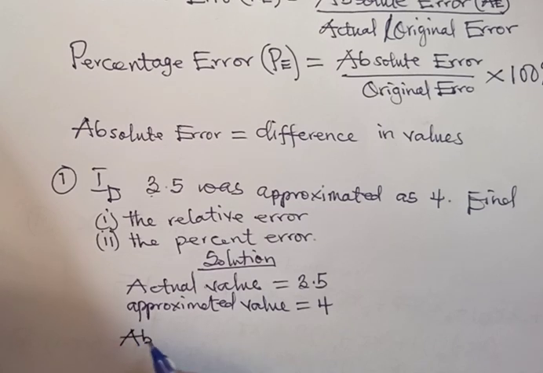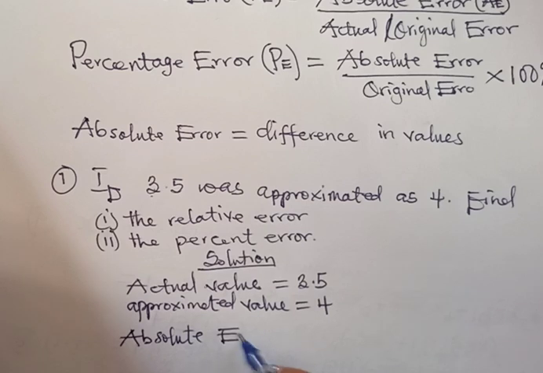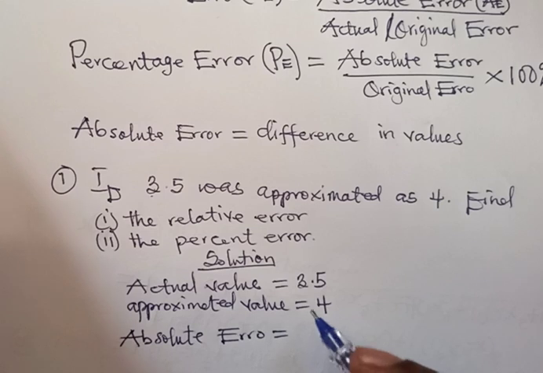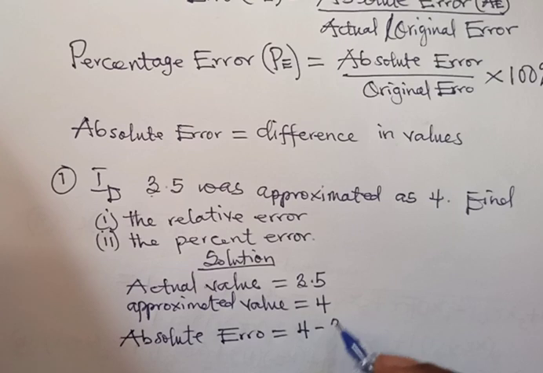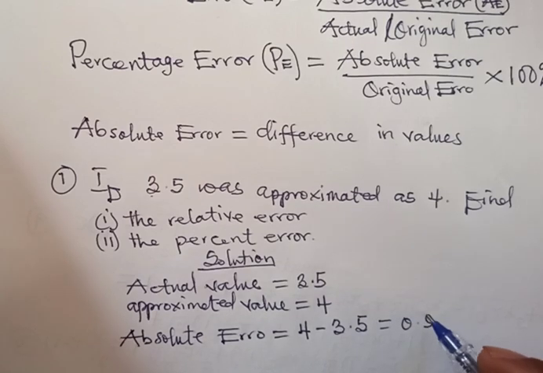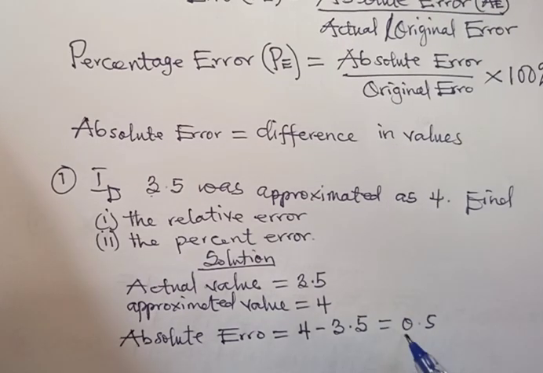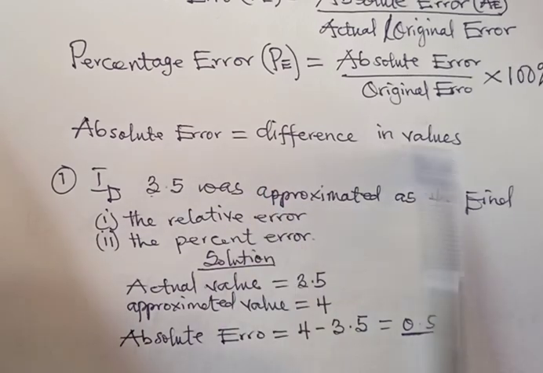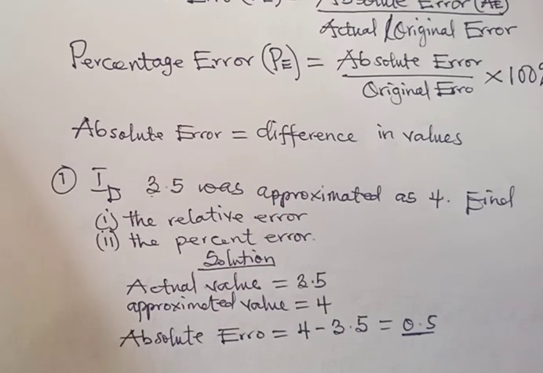So absolute error is equal to 4 minus 3.5, which gives 0.5. Good. So this becomes our absolute error. So whenever you're asked to find the absolute error, we mean the difference in values. Have you gotten it? So we find the difference.